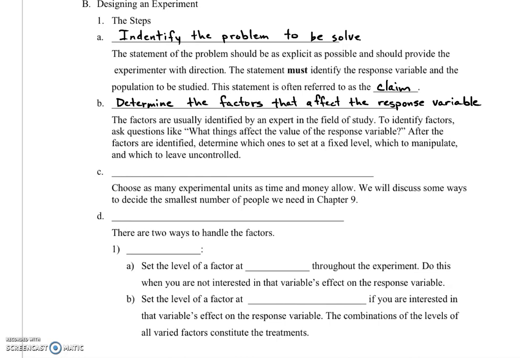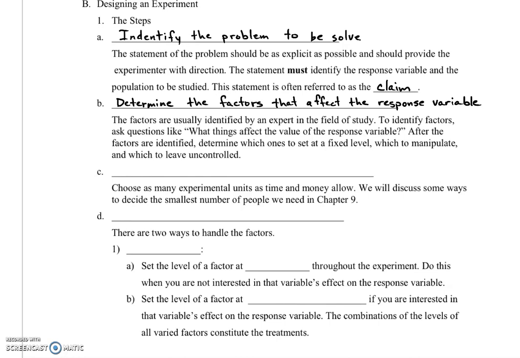And they're usually found by asking questions like, what things affect the value of the response variable? So if we're talking about high blood pressure, what things can affect blood pressure? Well, stress, exercise, underlying disease. So we would list all the things that could affect whatever we're looking at.